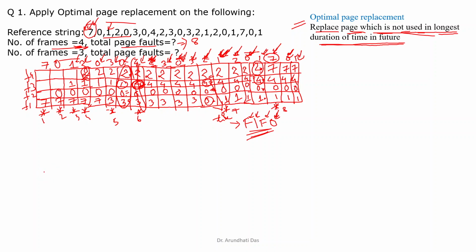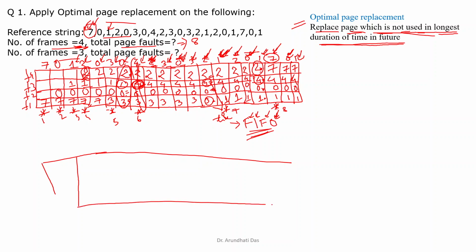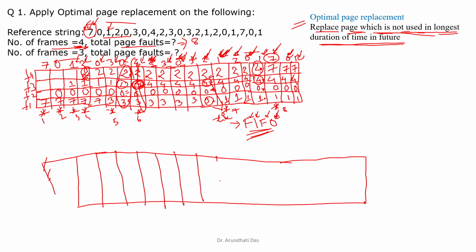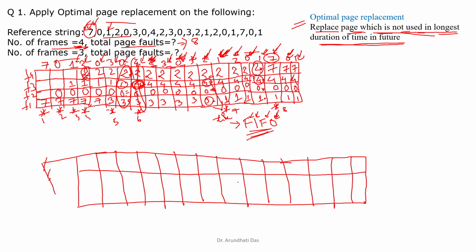Same thing I'll repeat for the second example. Okay, in the second example, again this same frame I will try to draw here, indicating the number of frames in the rows.